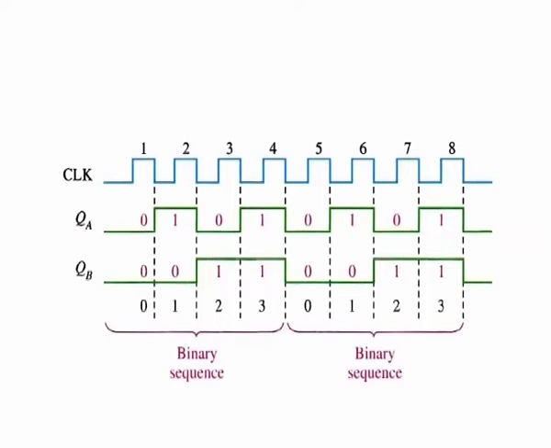If we take QA as the least significant bit, a 2-bit sequence is produced as the flip-flops are clocked. The binary sequence repeats every 4 clock pulses as shown. Thus, the flip-flops are counting in sequence from 0 to 3, that is 00, 01, 10 and 11, and then recycling back to 0 to begin the sequence again.